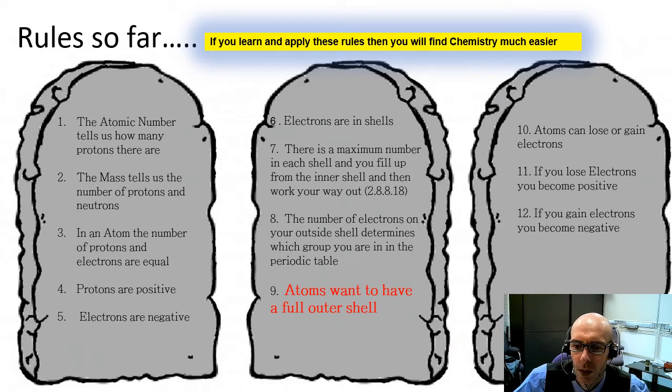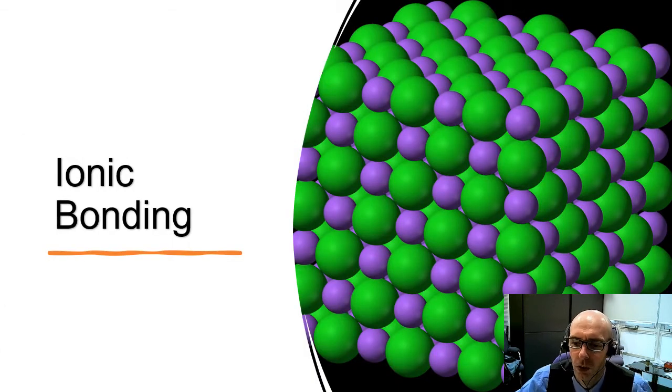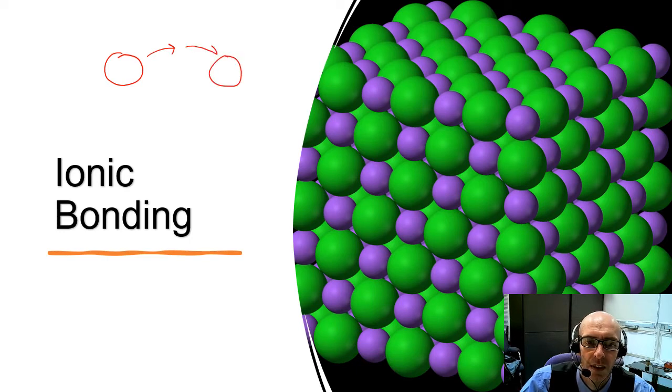Okay, you love the title. Today's title, ionic bonding, just like we got to at the end of the last lesson. And where we got to was the fact that this atom here has lost an electron. This atom here has gained an electron, so that's a negative charge moving.